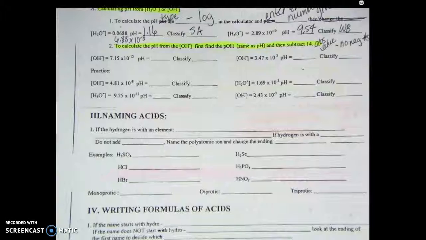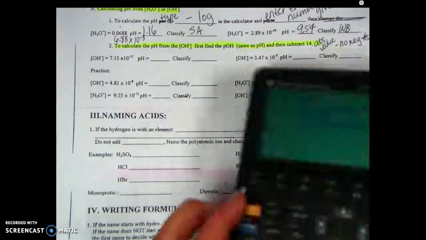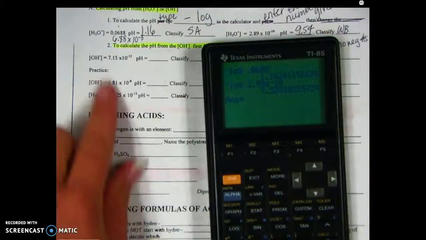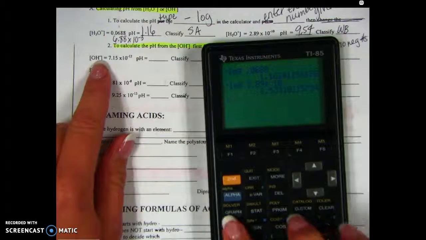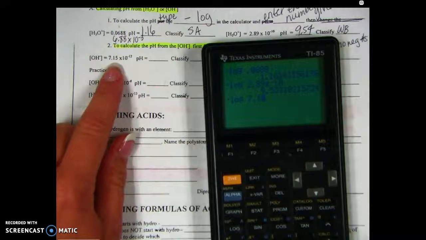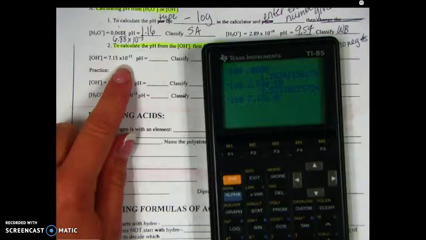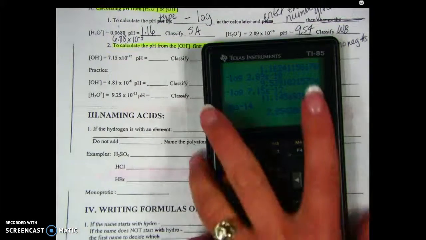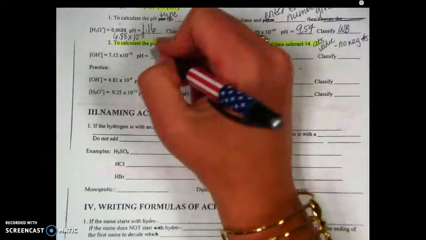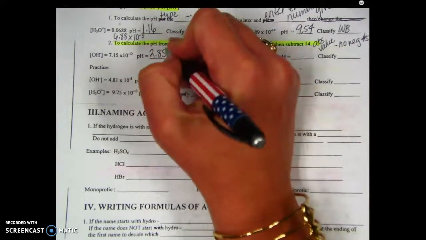Absolute value, no negative numbers. So let's look at it. We're going to take the negative log of 7.15 e to the negative 12th, hit enter. Subtract 14 and take the absolute value of that, which is 2.85. So our pH is 2.85.